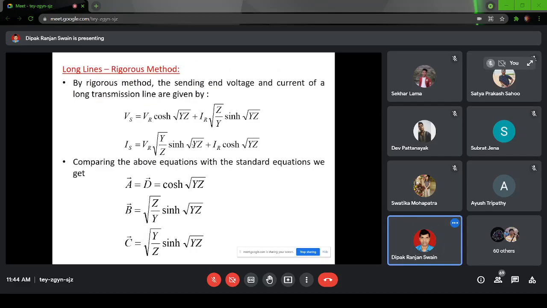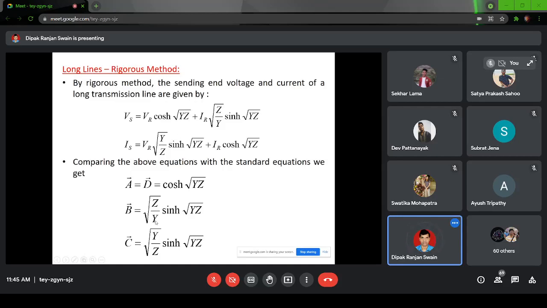Okay. Now, similarly, for the long transmission line also, this was the equation I told you in the last class. So corresponding terms are the ABCD parameters. Okay. So if there is a theoretical derivation as a long question, it may ask that for a long transmission line, the ABCD parameters are like this.